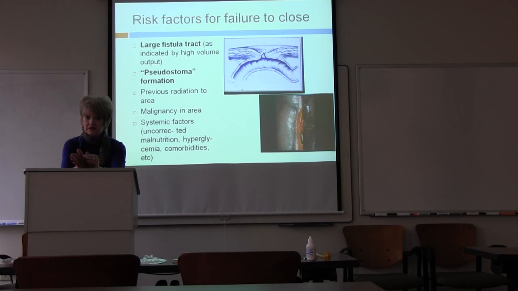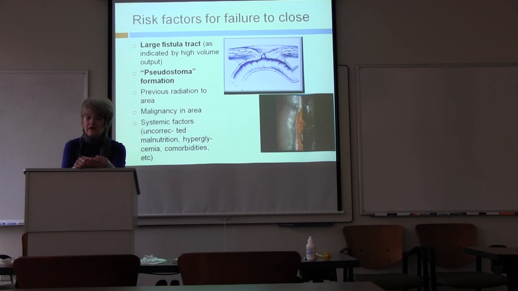So let's say at baseline, output's 1,400, and I'm like, well, that's not very good, but let me drop their PO intake to 20% of their total nutrient intake for the day. Let me do a 2 to 3 day trial of Sandostatin to see if that further reduces output.